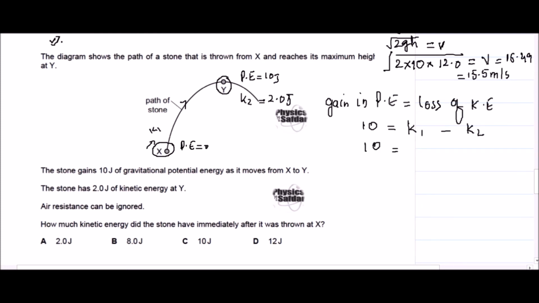K1 was the initial kinetic energy. We don't know this number, but K2 is given as 2.0. Now rearrange the equation: 10 plus 2 is equal to K1, and K1 is the initial kinetic energy of the stone. So finally we get K1 is equal to 12 joules.